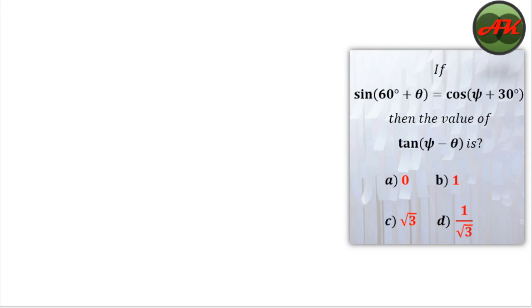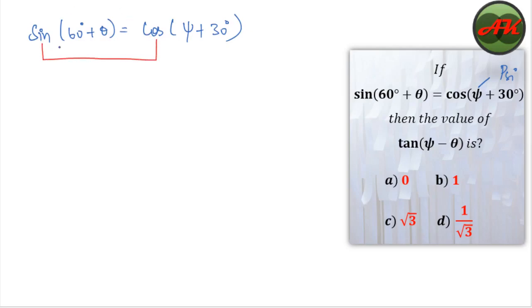Now the next problem. Sine of 60 plus theta is equal to cos of psi plus 30 degree, then the value of tan of psi minus theta is, okay, sine of 60 degree plus theta is equal to cos of psi plus 30 degree. We know that sine and cos are complementary to each other, so 60 plus theta plus psi plus 30 degree is equal to 90 degree.